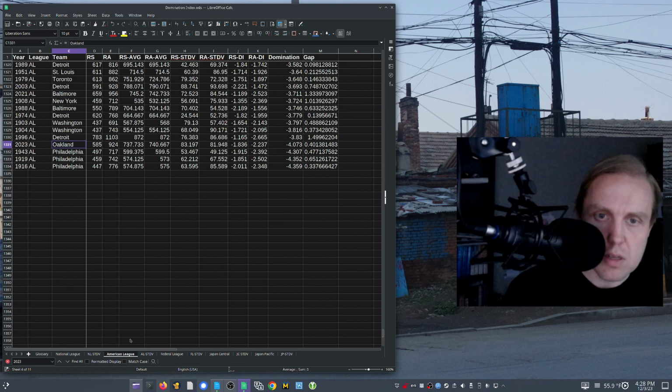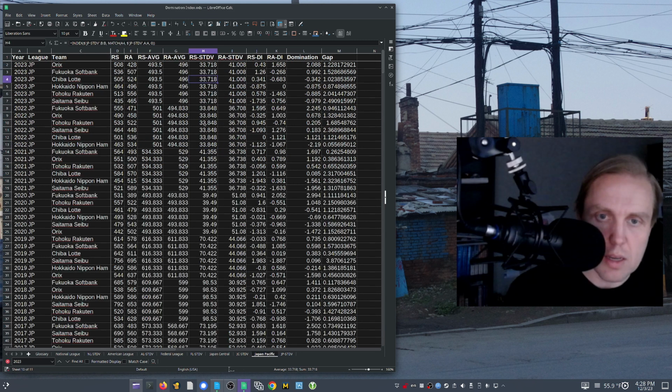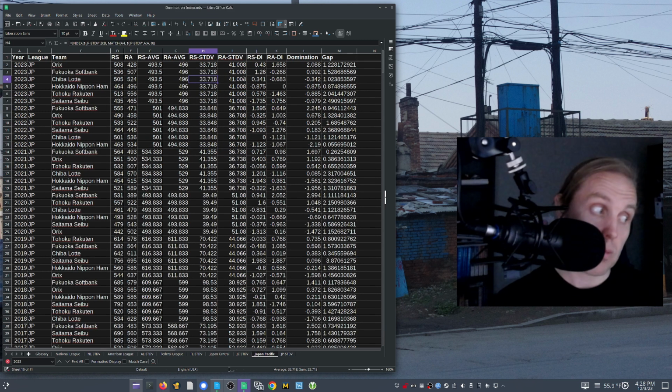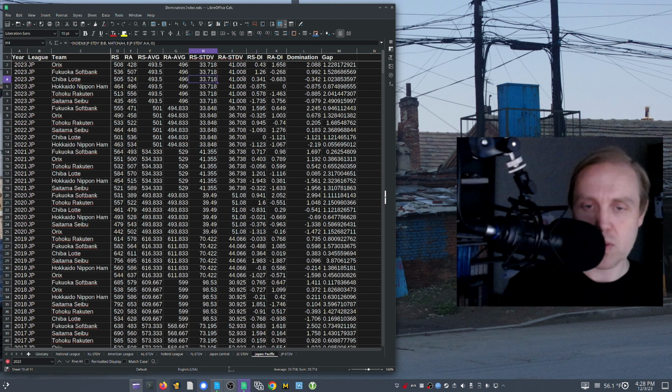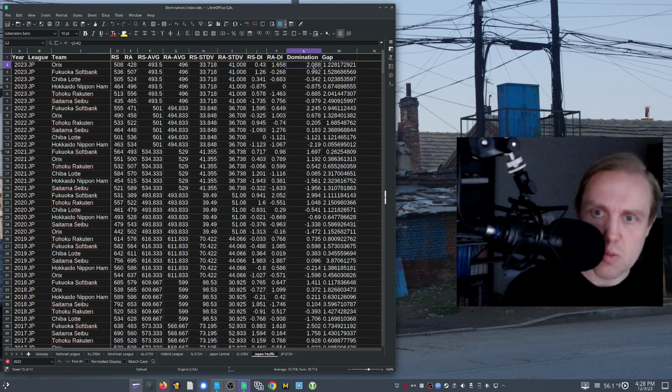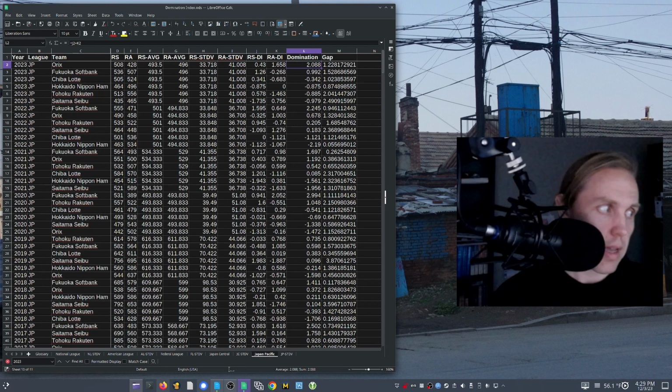If you compare this to the standard deviation for the 2023 American League, it's a lot different, right? In Japan, we're talking about teams that more or less are playing the same way. Could actually be a whole bunch of reasons behind that, but just something to look into. Oryx with a 2.088, we're not going to look into it, but it was definitely not necessarily one of the greatest of all time, but still pretty interesting to think about.